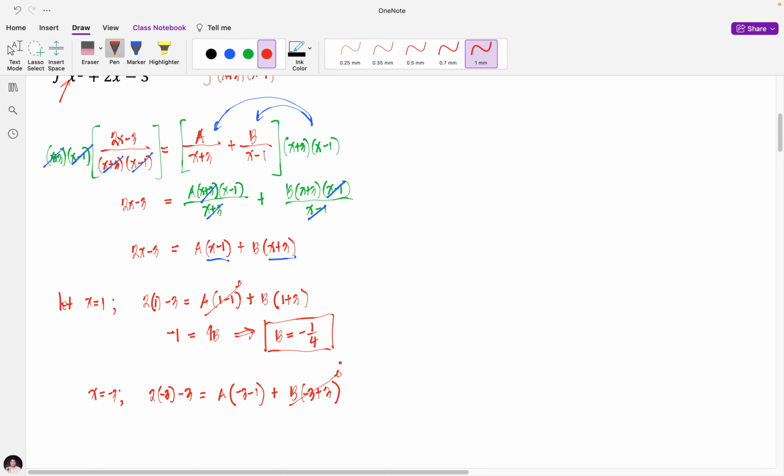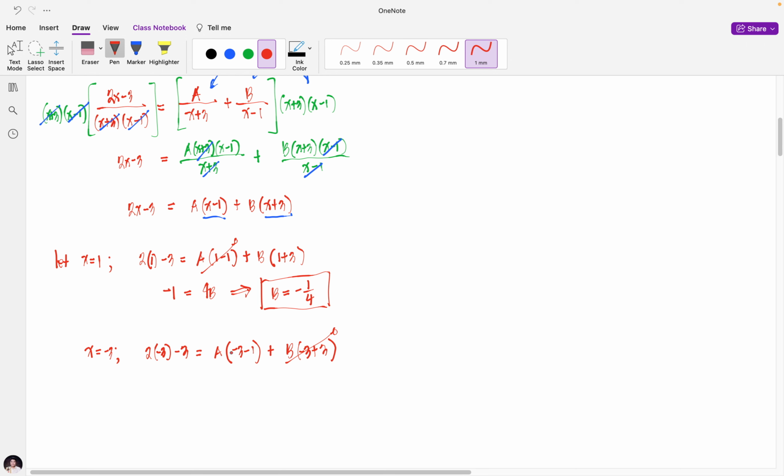Observe that this will become 0. So this is now negative 9 equal to negative 4A. That means A is equal to 9 over 4. We now have the values of A and B.